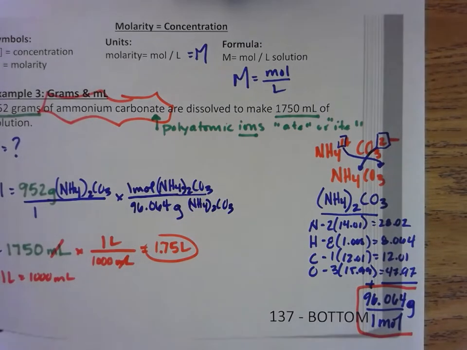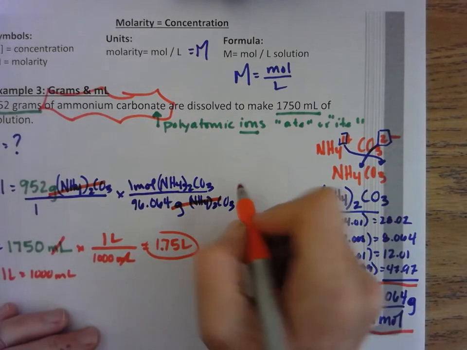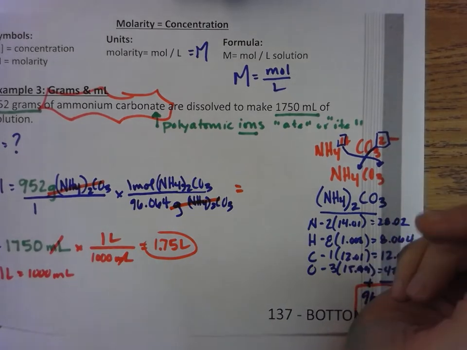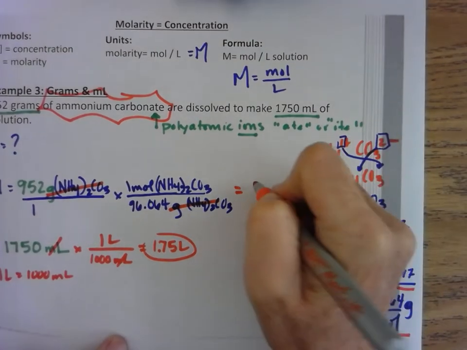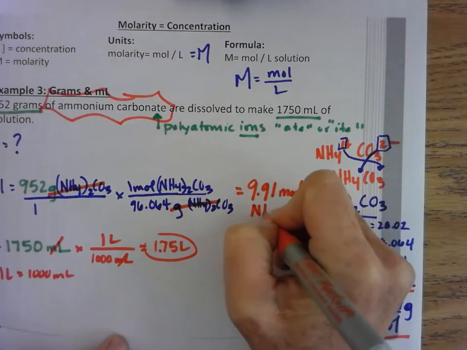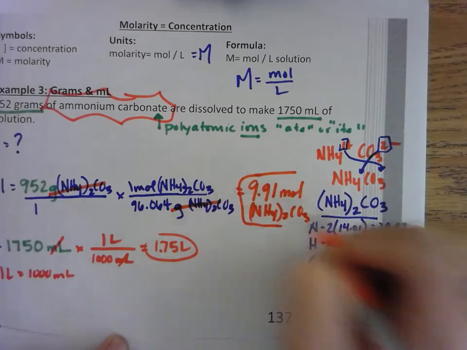Cancel out your like terms. And I can have 3 significant digits. So I got, what did I get? I got 9.91 mole (NH4)2CO3. Now I have everything I need.